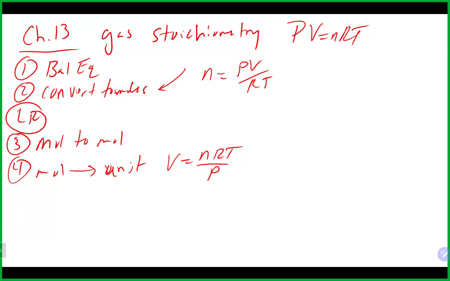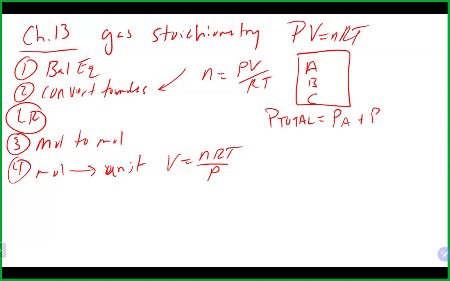We also talked at the end there about partial pressures. So remember that when we do have a mixture of different gases in a container, the total pressure of that mixture of gas is basically equal to the pressure of A plus the pressure of B and C's contribution.